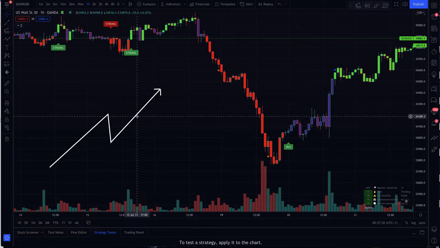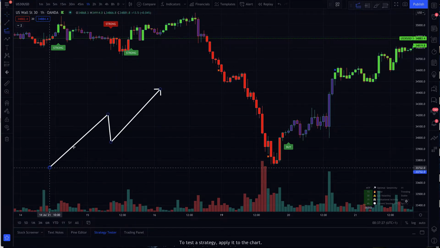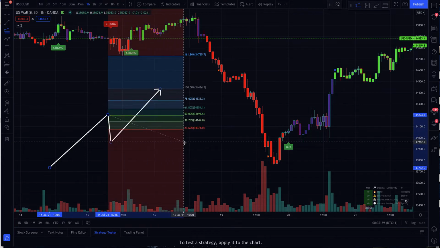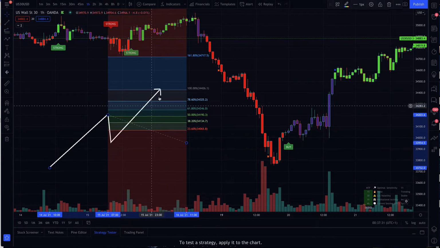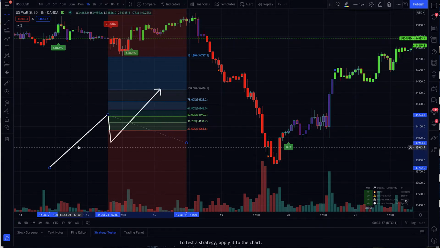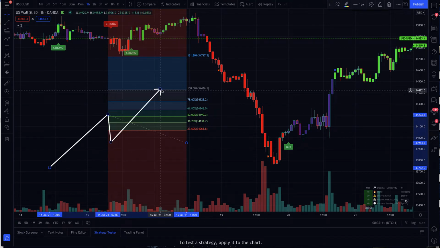Sometimes we're not sure exactly where, but if we take this tool here, you will see from here till there, like this, and you have a 100% projection. So normally the Dow Jones would come to 100%, it could be 78 as well, but in this case we've got 100%, and at 100% it would reverse back.